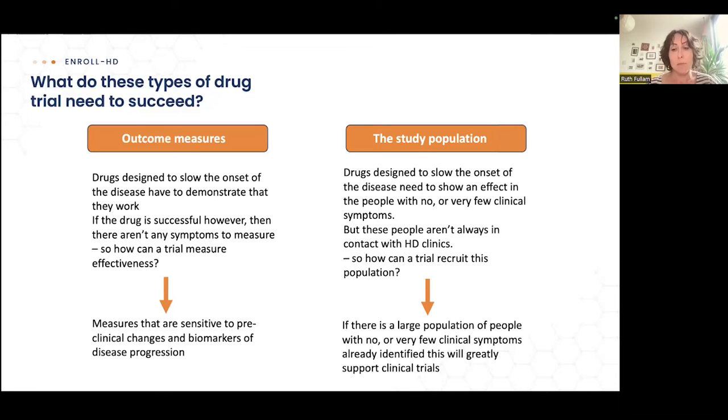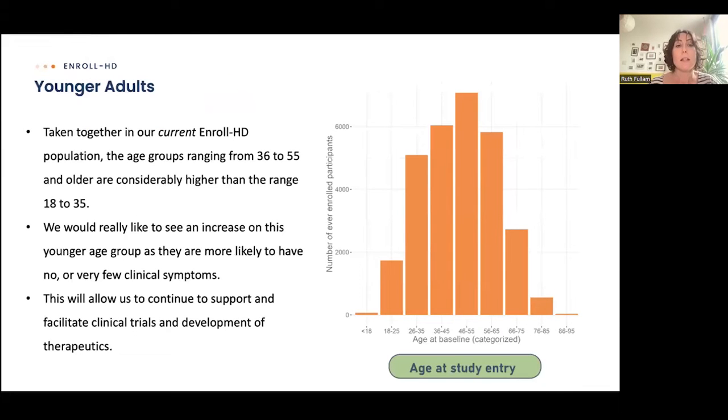If we have a large population of people with no or very few clinical symptoms already identified, this is really going to help those clinical trials recruit to their studies and again facilitate that research. At the moment, in our current Enroll-HD cohort, the age groups ranging from 36 to 55, so the older subset of participant, is a considerably greater group of people than those who are younger, who are aged 18 to 35.